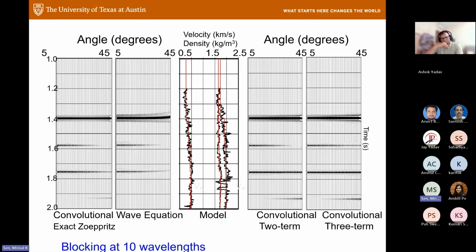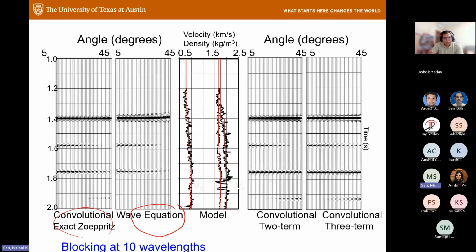So here is an example where the log has been blocked to 10 wavelengths. Here, this is your convolutional with Zoeppritz's equation, and this is with the wave equation. And here, this is the 2-term, and this is the 3-term.